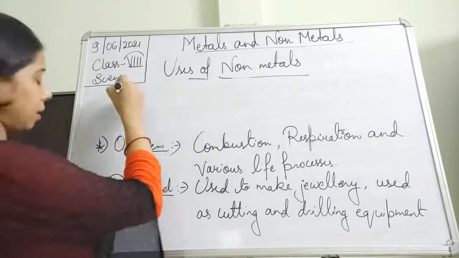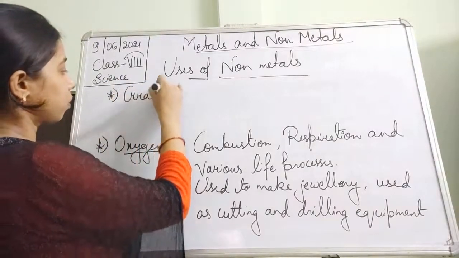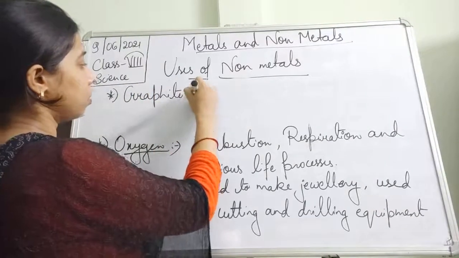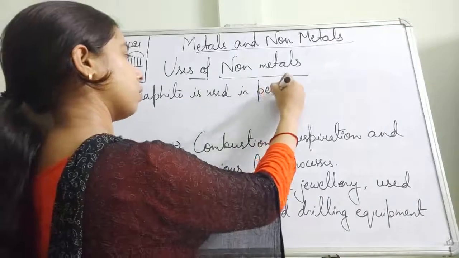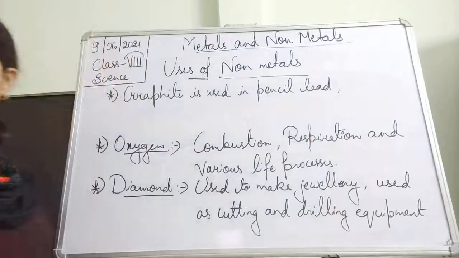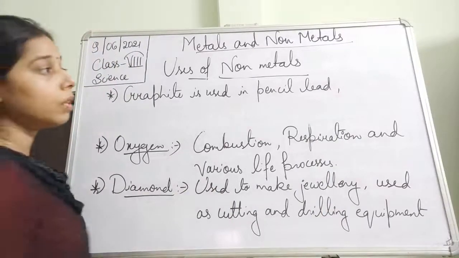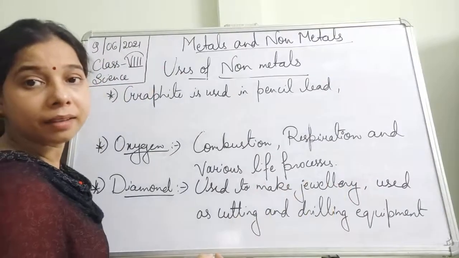Graphite is used in pencil lead. It is used in pencil lead. Also, it is used in zinc carbon batteries.